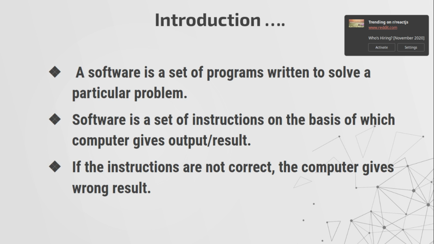Software is a set of instructions on the basis of which the computer gives an output or a result. It takes input, processes it on the basis of that input, and then provides the output to the individual. If the instructions are correct, it produces the expected results. If the instructions are wrong, then the computer always gives a wrong result.